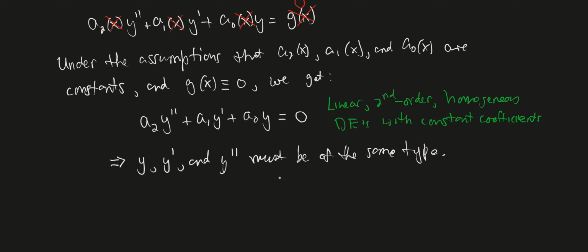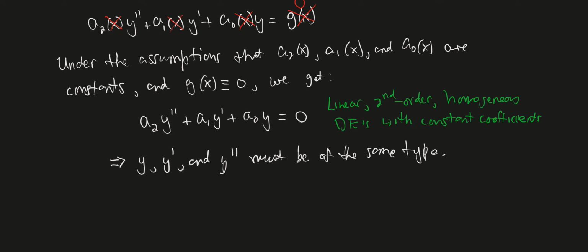Well, when I say type of a function, I mean something like quadratic, or trigonometric, or more specifically, maybe a sine and a cosine function, right? Because if you think in terms of sine and cosine, then we know that when we differentiate them, they kind of oscillate between each other. The derivative of sine is cosine, the derivative of cosine is negative sine. So they're relatively the same type.